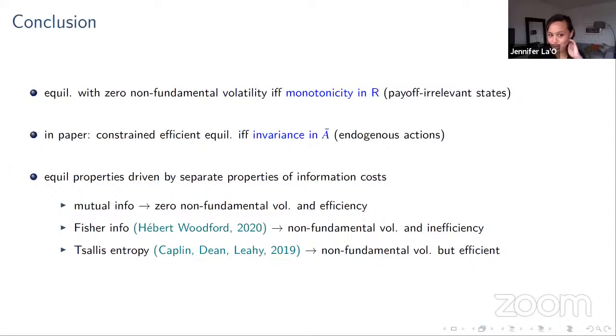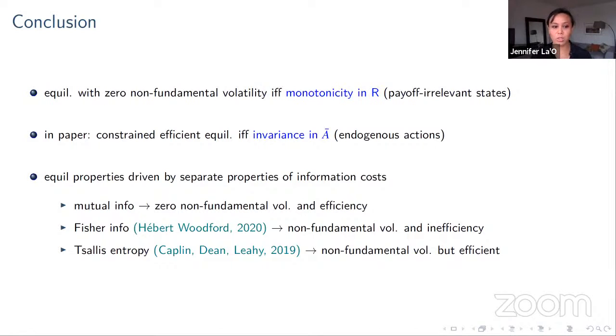In the paper, which I didn't show you here, an equilibrium exists that is constrained efficient if and only if there's invariance in A bar and also that restriction on payoffs. And then finally, we have a nice example that shows that you can get certain things, but not the other.